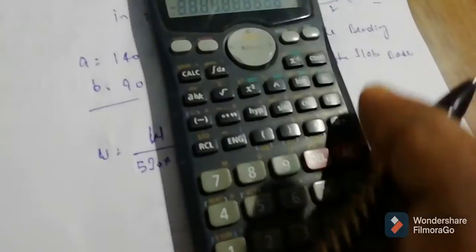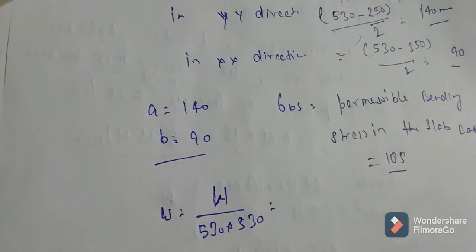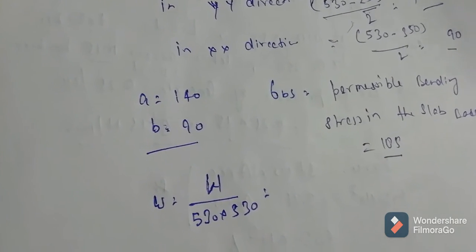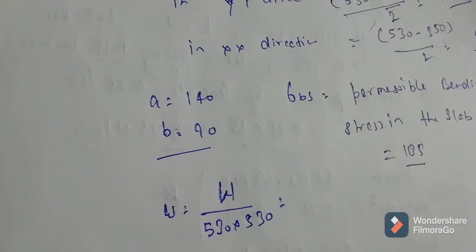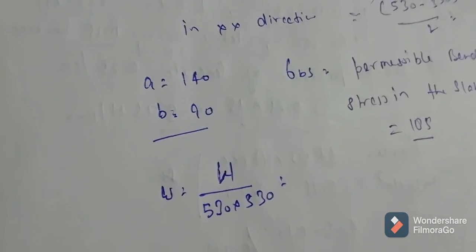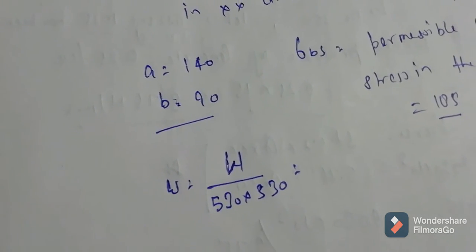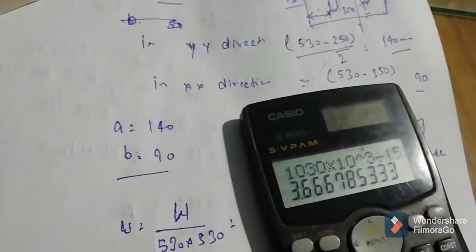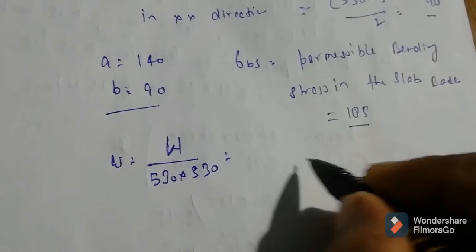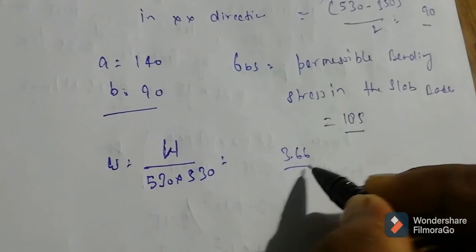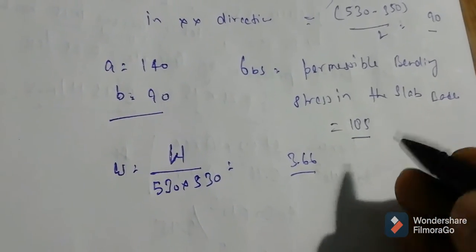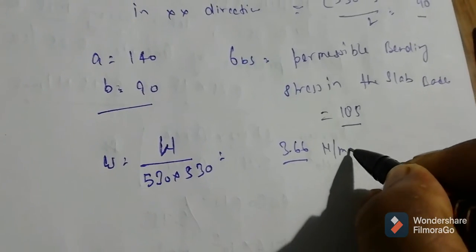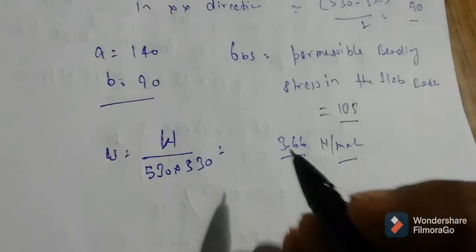So 1030 multiplied by 10 power 3 upon 530 into 530. So this is your 3.66, that is in Newton per mm square.